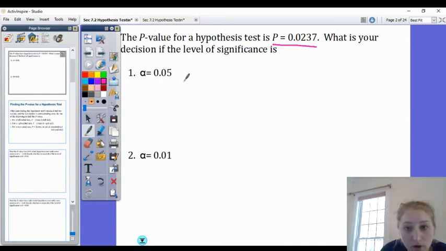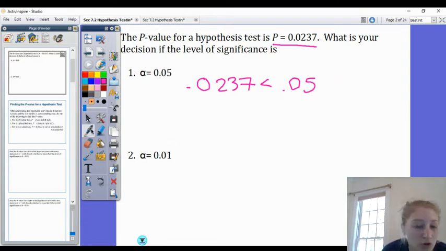So we know that 0.0237 is less than 0.05. Since it is less than 0.05, our significance level, we are going to reject our null.